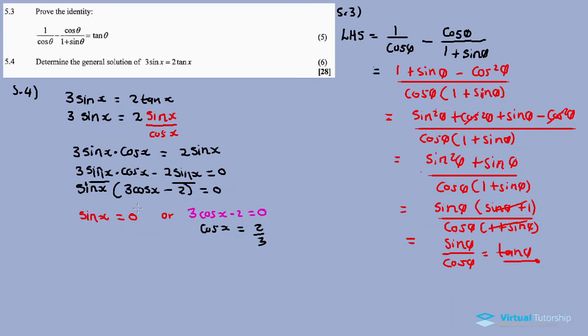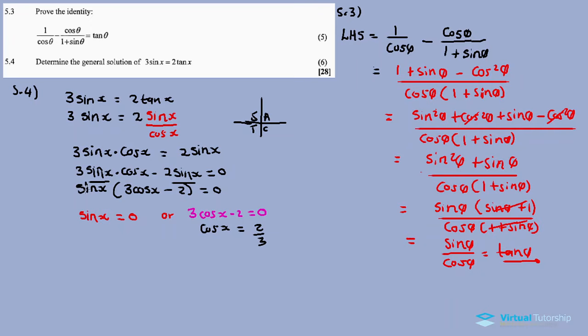So here the tricky part about sine 0 is that we want to use the CAST rule to find our reduction formulas, or our solutions. It's CAST, but 0 is not positive or negative.